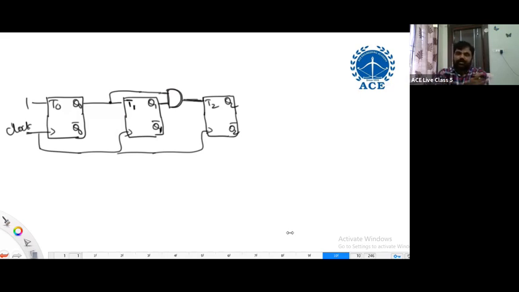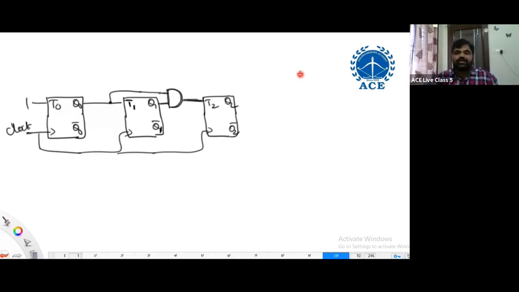Don't think that the left must be MSB, right must be LSB. While designing, for your convenience, you may change your order. But for display, after designing the counter, we can display using LEDs. What is it here? Q2, Q1, Q0. That I can take in order. Not a problem. If you want to design with leftmost as MSB and rightmost as LSB, if that is your convenience, then follow that. Not a problem.